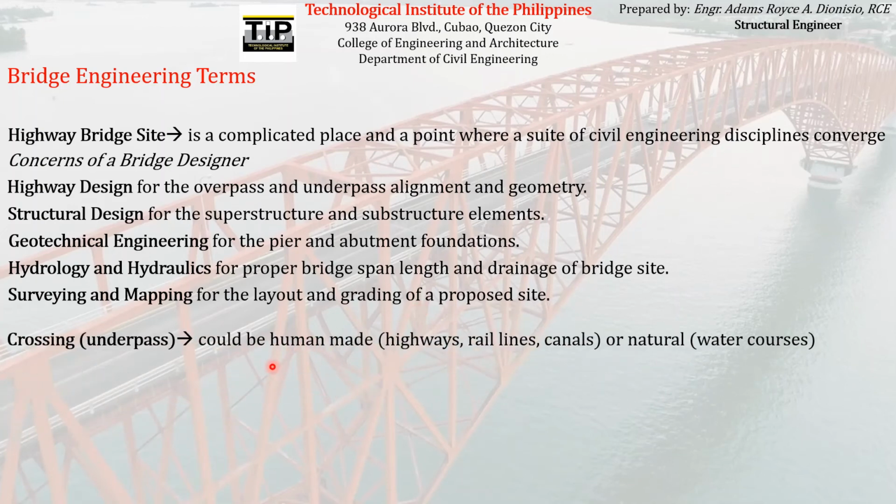Another term that we will encounter later on as we study bridge engineering is the word crossing or underpass. These are man-made obstacles like highways, rail lines, or canals, or natural obstacles like watercourses, rivers, or any body of water. The crossing or underpass is the reason why we are building a bridge over them.